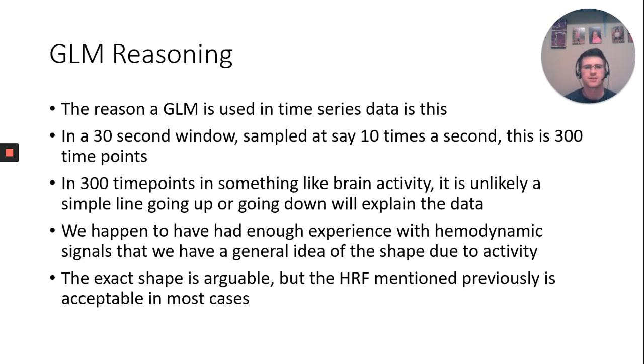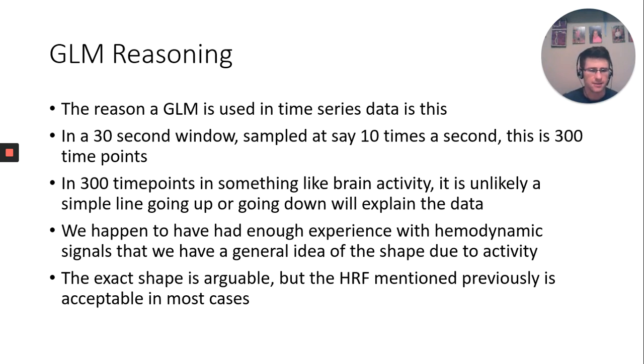The reason that it's used is, let's say you have a 30-second window and a 10 hertz sampling rate. That's 300 time points. In 300 time points of brain activity, it's unlikely that brain activity just goes up. It's going to oscillate. It's the brain. It does a lot of things at any given moment.